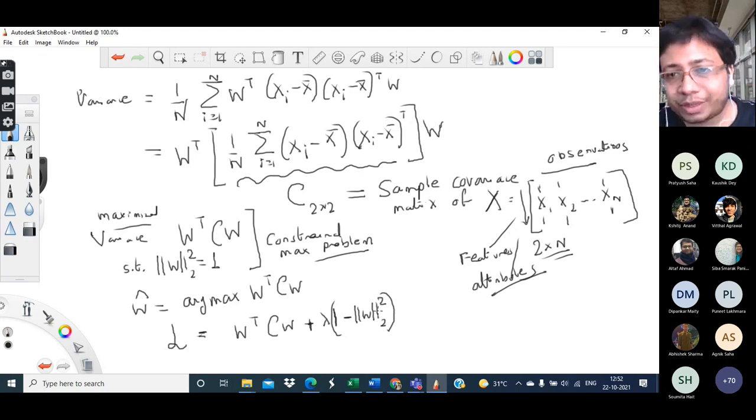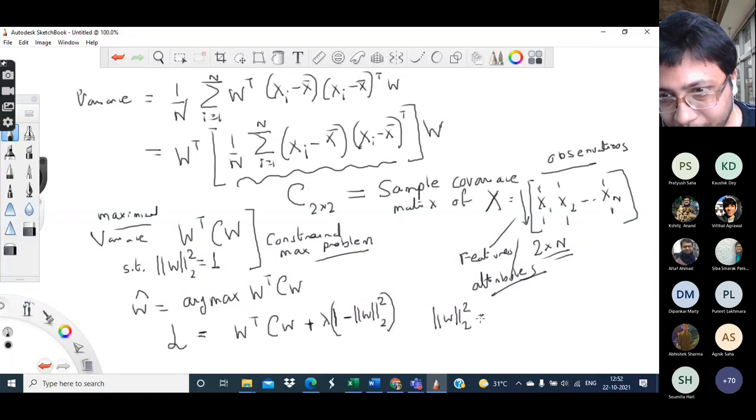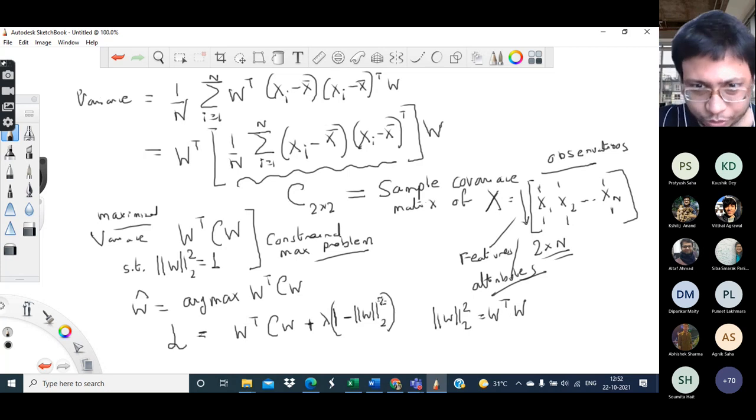Why? Because mathematically it will be simpler. L2 norm square means what? This basically means W transpose W. If I went for just the L2 norm, then I would have to put a square root of that. Now square roots are difficult to handle, so I just put the square. That does not change the meaning of the problem in any way. Now what happens then?